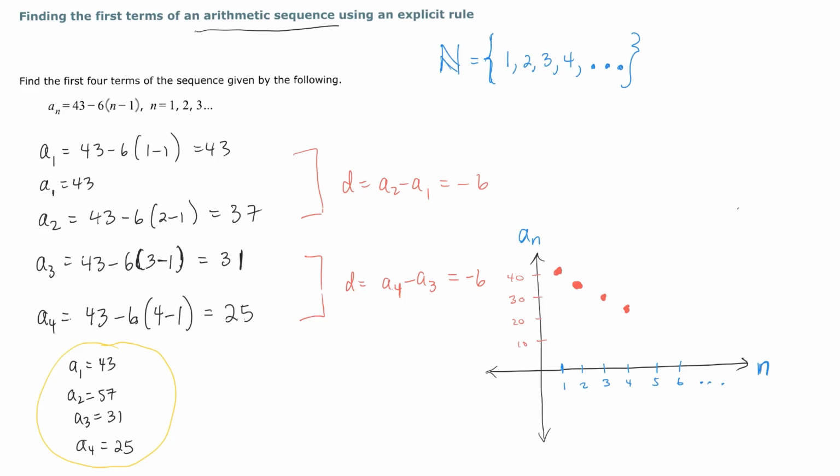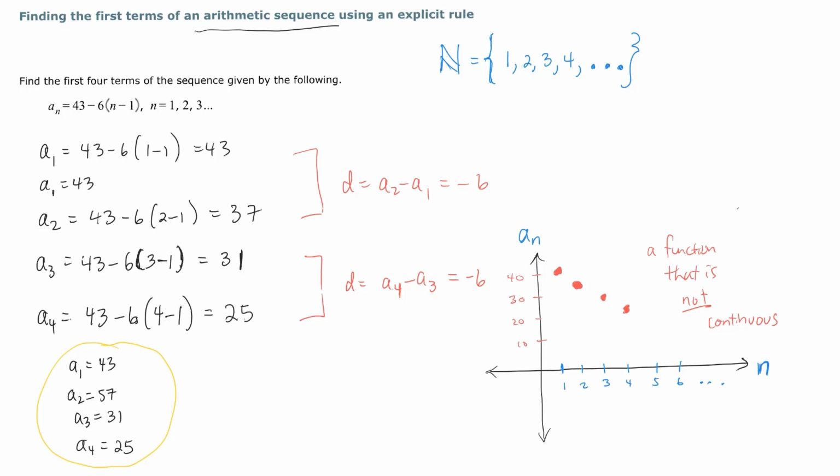This is a function that is not continuous. And so last time you heard about continuous was something called a continuous exponential growth model or a continuous decay model. Well, sequences are functions that are not continuous.